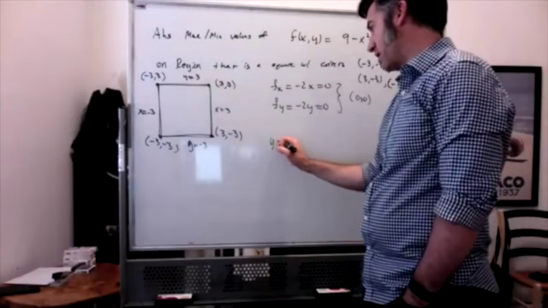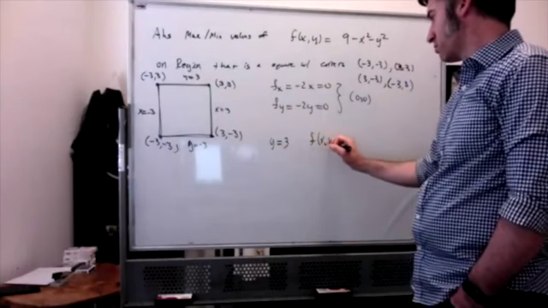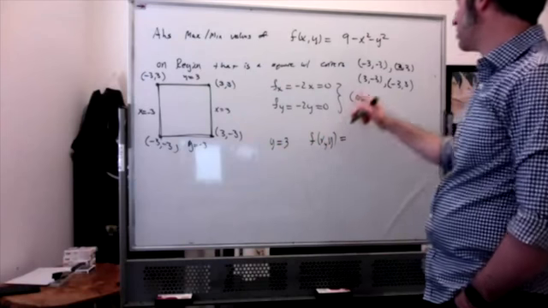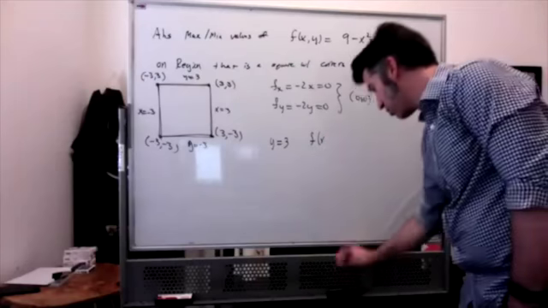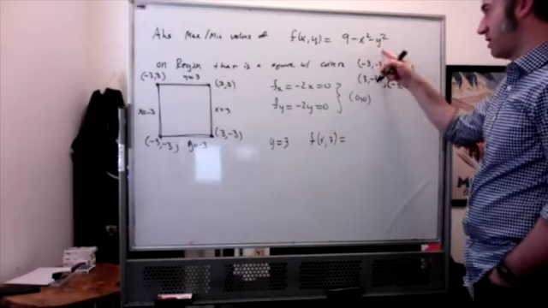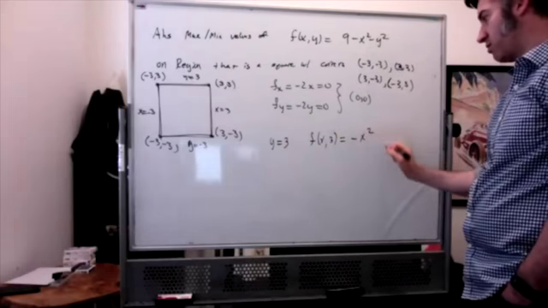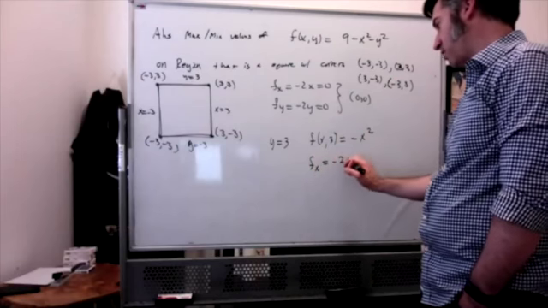So if I set y equal to 3, then my function, I should really write f of (x, 3), is equal to 9 minus x squared minus 9, so it's just -x squared. The partial with respect to x is -2x.